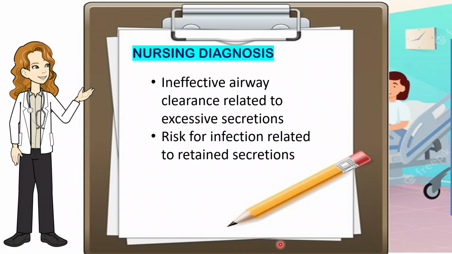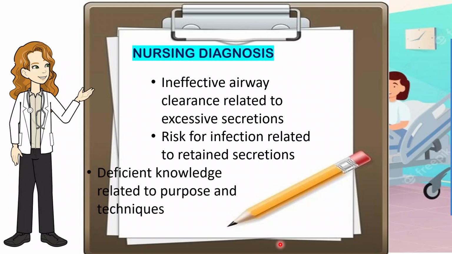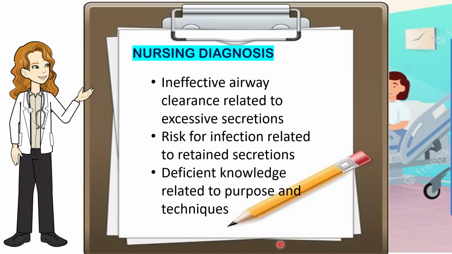Another is risk for infection related to retained secretions. And another one is deficient knowledge related to the purpose and the technique. You can still find other nursing diagnoses for your patient, depending on the client's case.